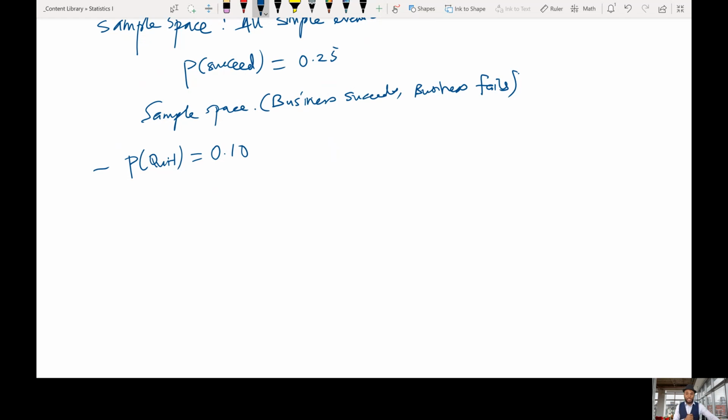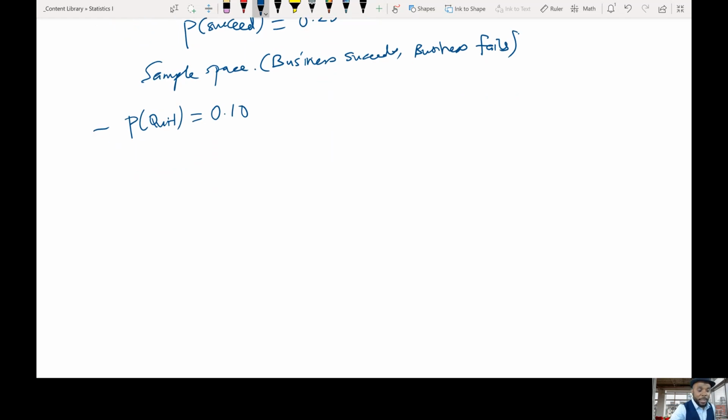What's the sample space? Employee quits or employee does not quit. So it's binary. I hope you're following the whole concept. Let's look at a different example. Let's say now I have a procedure in which I flip.